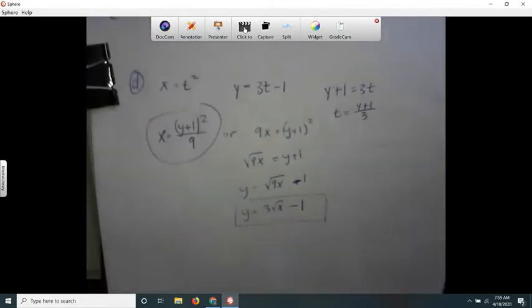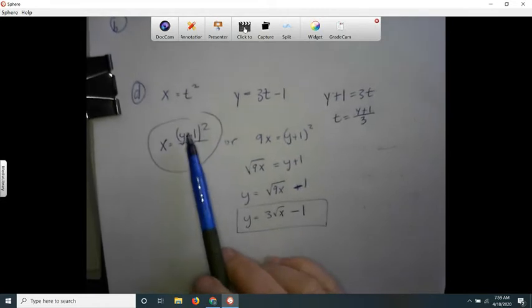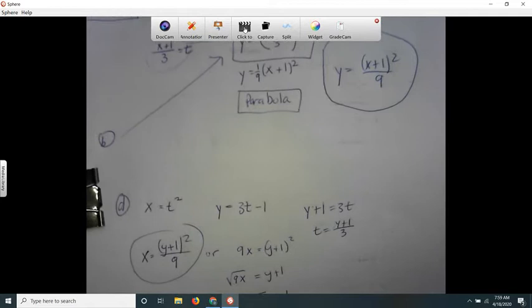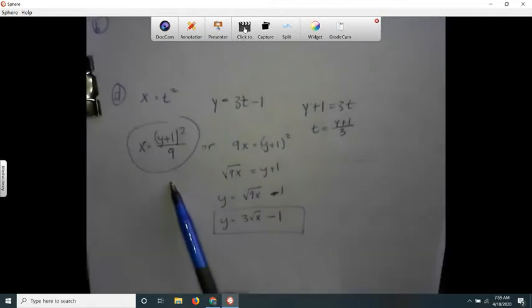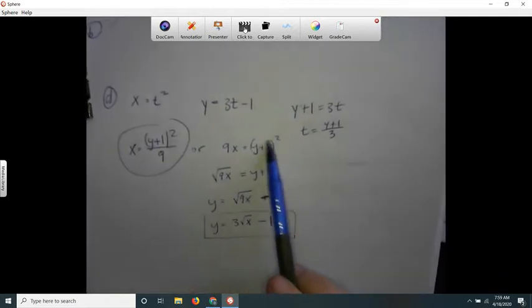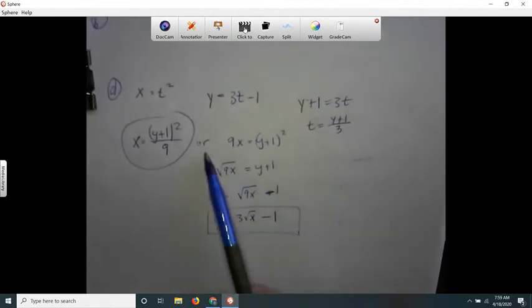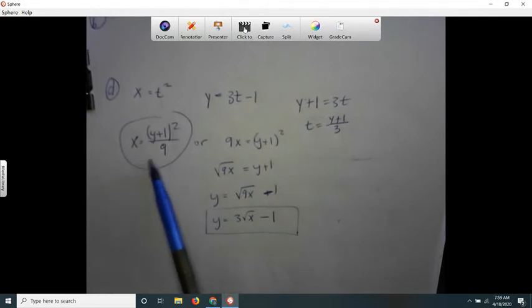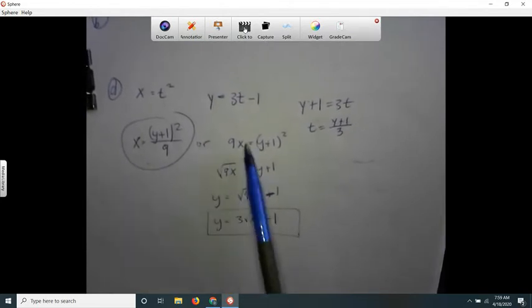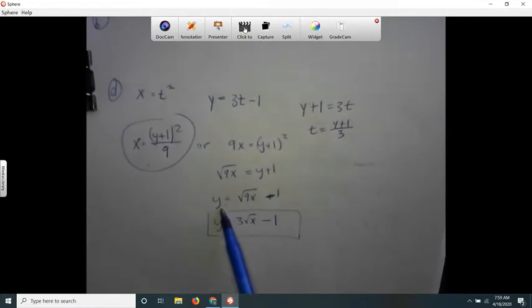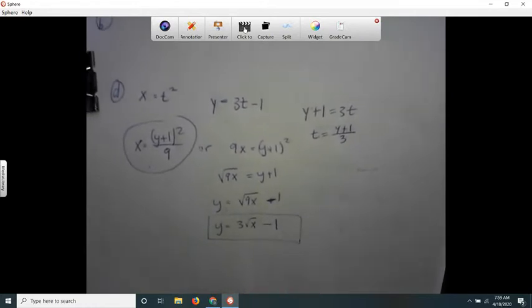Oh, so when I finish out this letter D where I showed you that they're inverses of each other, but when I solve this one down here for Y, like when I went ahead and got Y by itself, see, I multiplied both sides by 9, and then I took the square root of both sides and subtracted 1 on both sides.